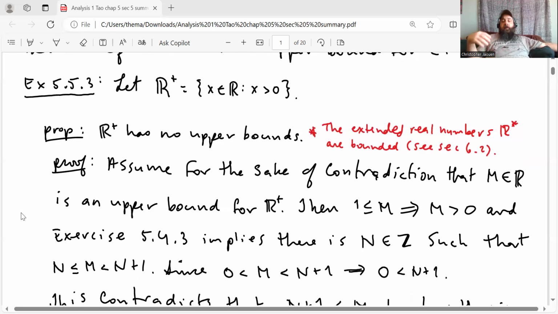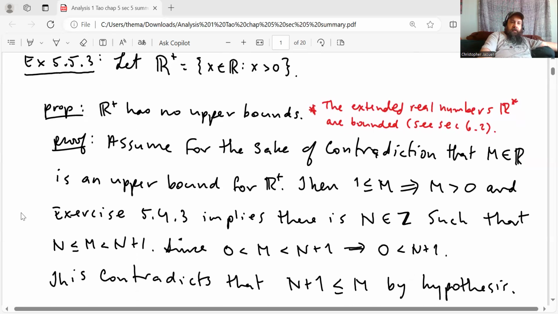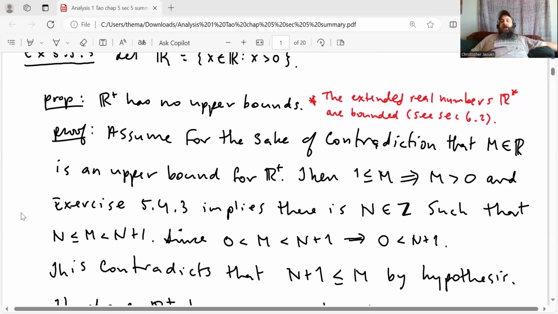All right, so here's my proof. Again, he asks the reader to supply this, so here's my proof of that. Assume for the sake of contradiction that M is a real number that is an upper bound for R plus. Then 1 is less than or equal to M, because 1 is an element of that set, which implies M is greater than 0.